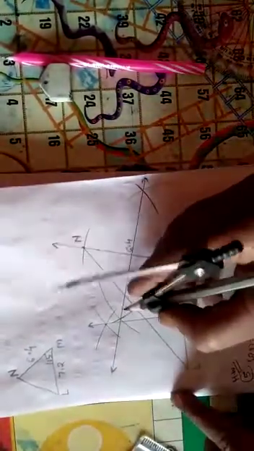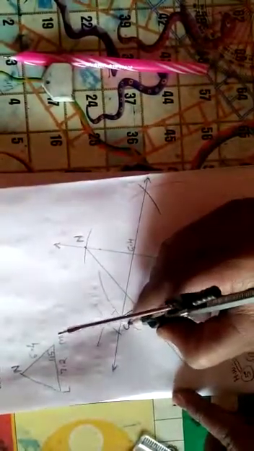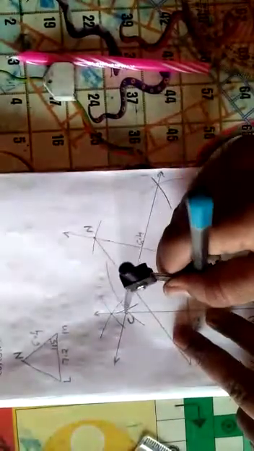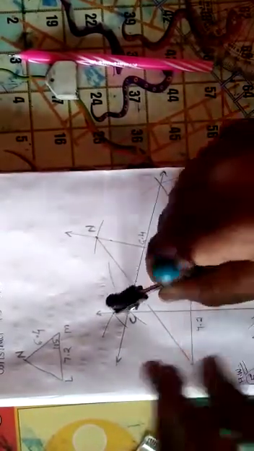Now see, the point of intersection of these two perpendicular bisectors is outside the triangle. Take it as the center of the circle.